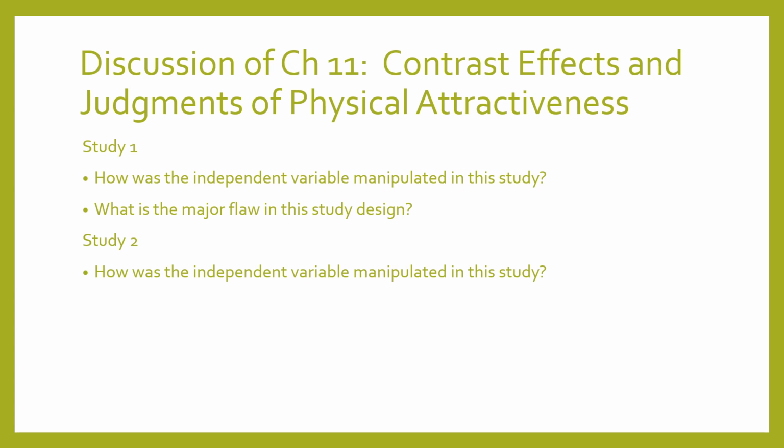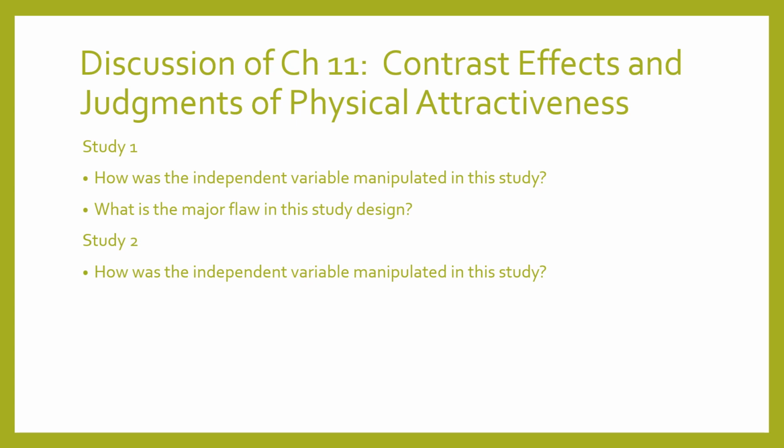So in study 2, they attempted to correct the self-selection bias from study 1. In study 2, the independent variable involves seeing a picture of an attractive woman in an advertisement or not.